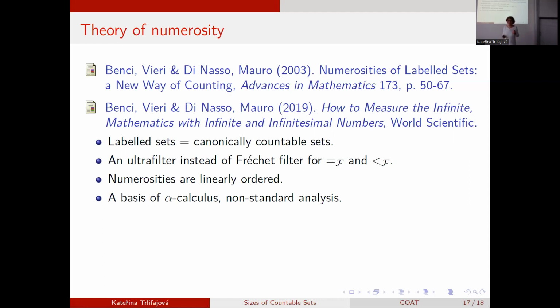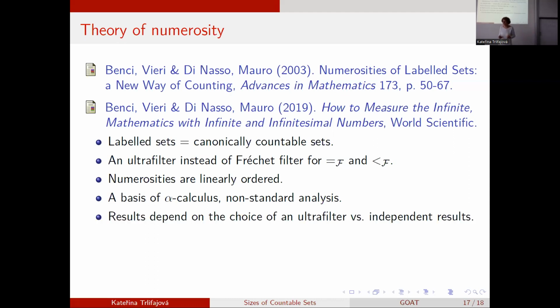It depends on the ultrafilter which they choose. If they take an ultrafilter such that even numbers are elements of it, then the natural numbers are even, otherwise they are odd. Many results depend on the choice of an ultrafilter.